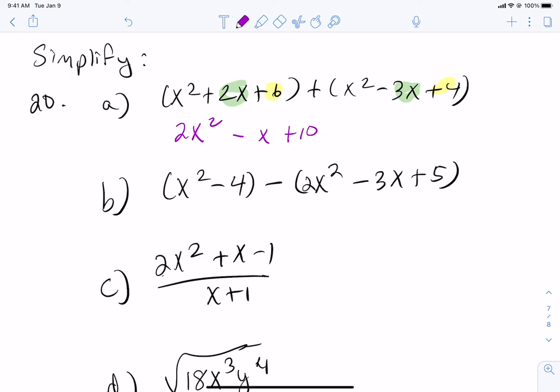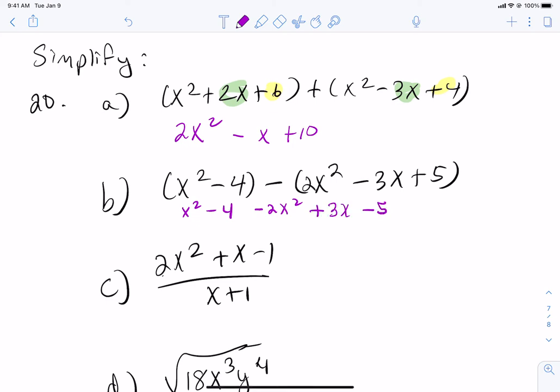Okay, so let's look at this second one. If it's a subtraction, you must distribute the negative first, and then we can do exactly what we did in 20A. So this first is just x squared minus 4, but the back piece becomes negative 2x squared plus 3x minus 5.